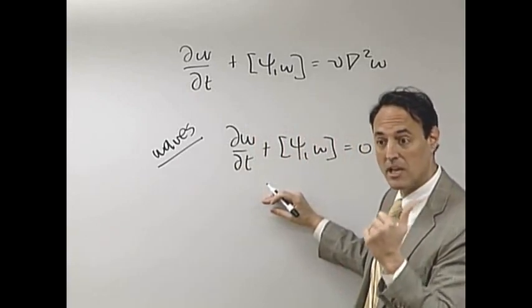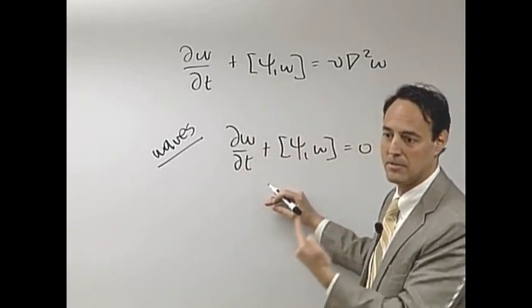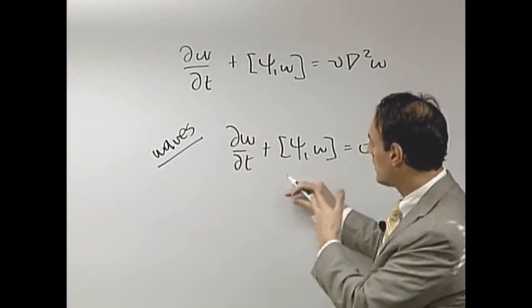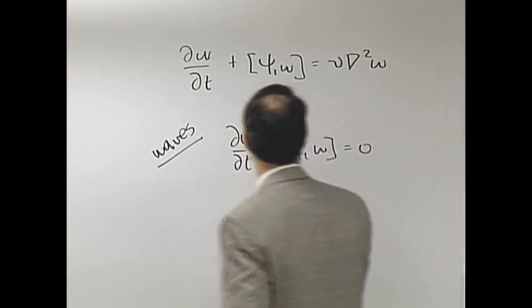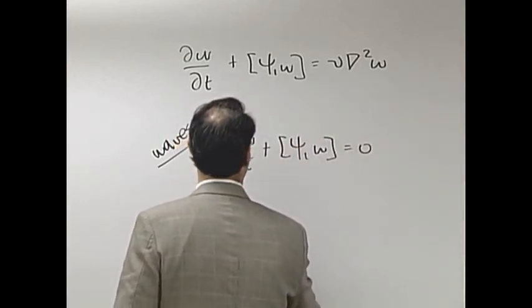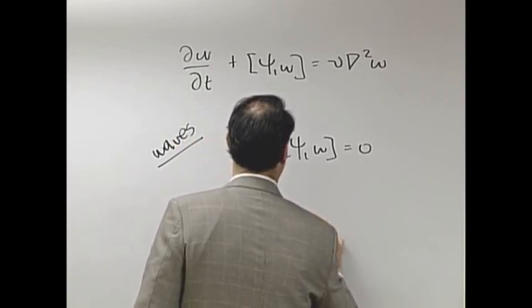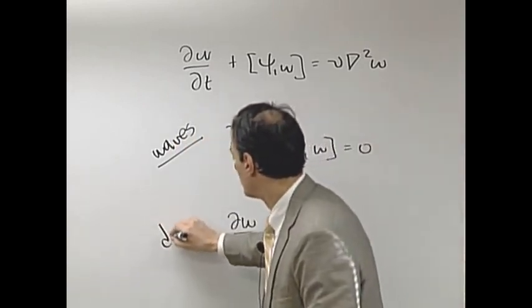Well, you know what? If you make use of good schemes that are especially suited for waves, you're going to be able to take a bigger delta t. So here, you say, I've separated the wave dynamics from the other piece, which is the diffusion dynamics. Okay? And this is diffusion.